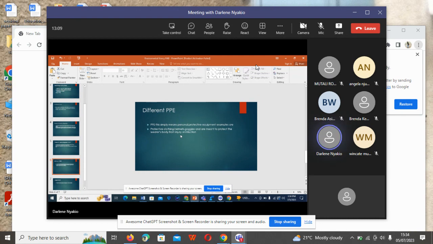Yes, thank you so much, Rose. The clothing, the helmet, and even the gumboots are used in production workshops. That is the way to protect yourself against different accidents.